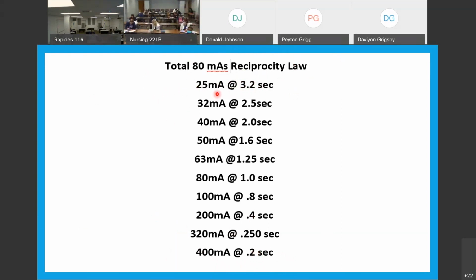So at 25 mA, I'm going to stay on 3.2 seconds. Down here at 400 mA, I'm only going to stay on 0.2. So as one goes up, the other has to go what? Down. That's what reciprocity means. One goes up, the other has to go down in order to maintain the 80. All right?